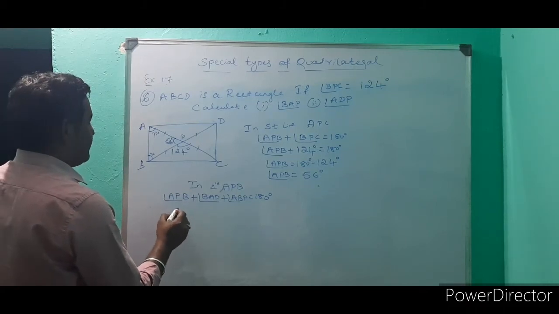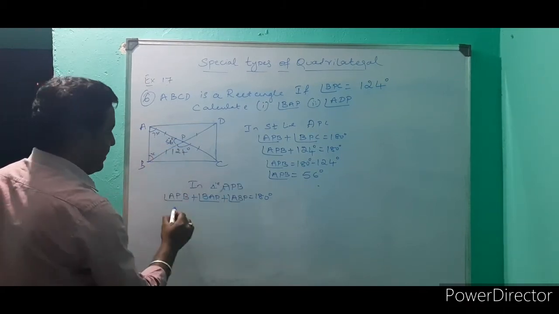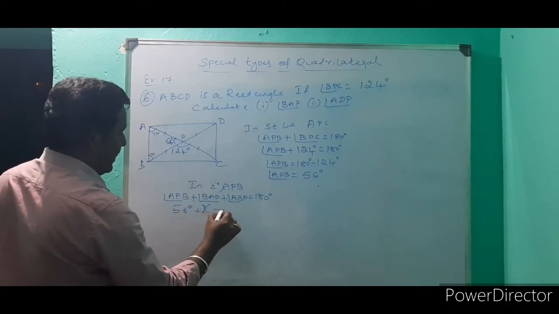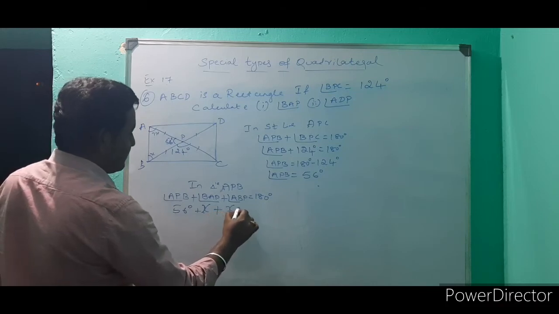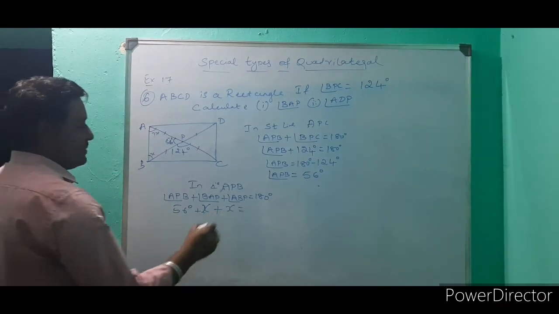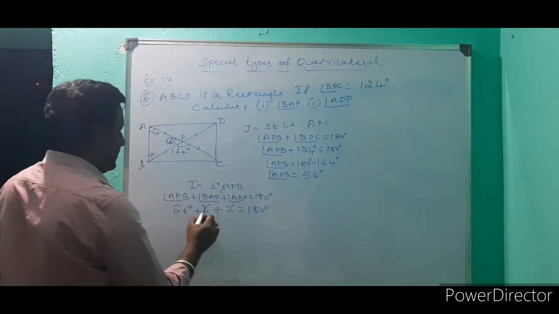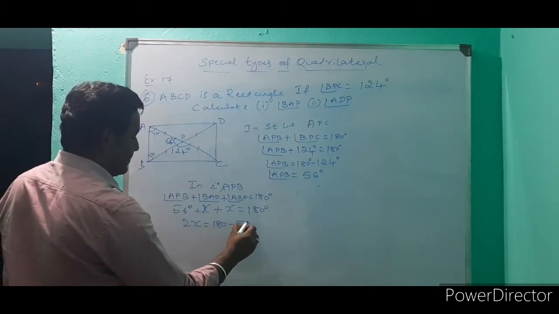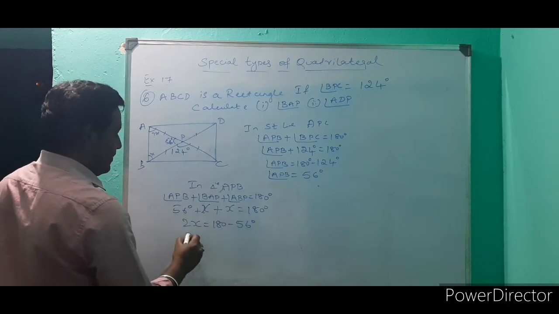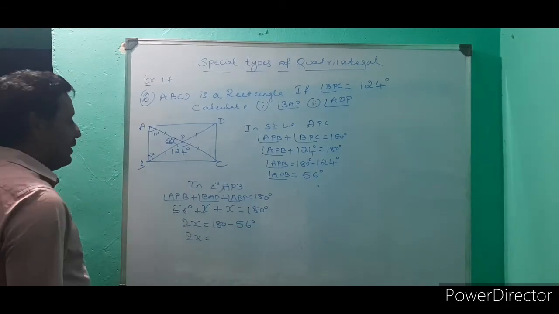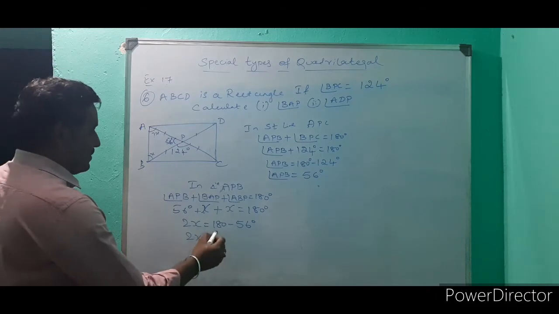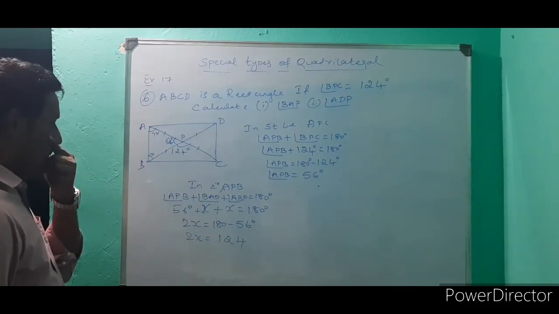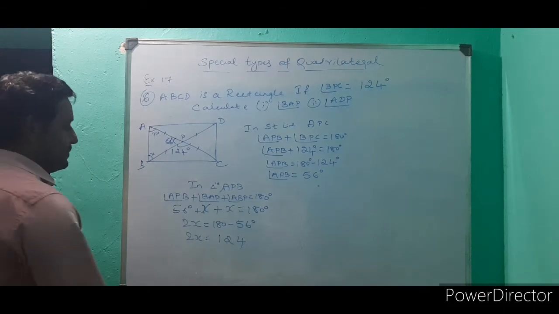APB we already found, 56. BAP is equal to x. So x plus x, 2x, is 180 degree minus 56 degree. 2x is equal to 180 minus 56, which is 124.